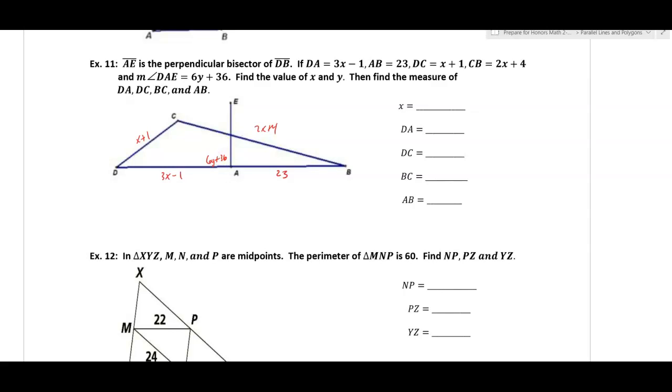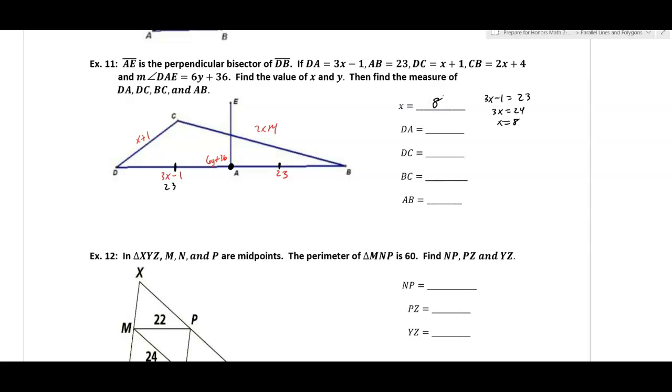Well, a perpendicular bisector gives me two things. Tells me A is a midpoint, so these segments are congruent. So if AB is 23, this is 23. So to find x, 3x minus 1 equals 23. So 3x equals 24, x is equal to 8.